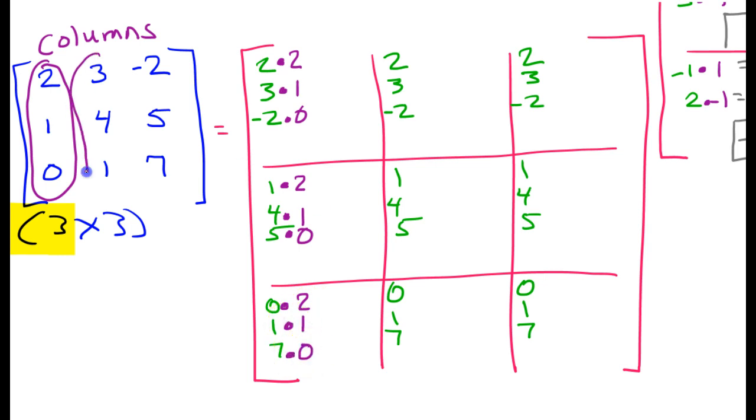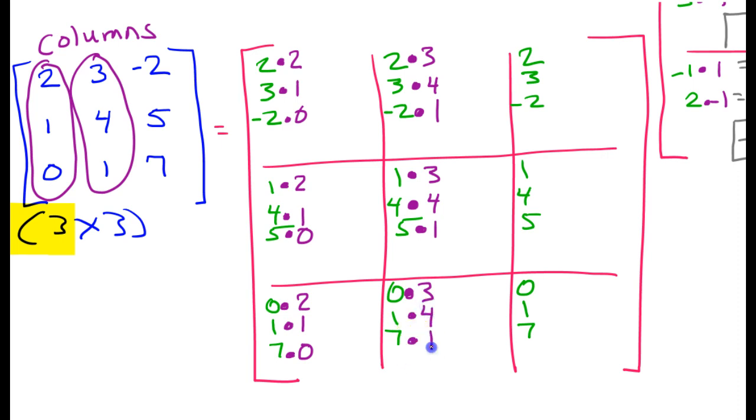All right, column 2 will go down column 2. And that leaves column 3. Column 3 will go down column 3.